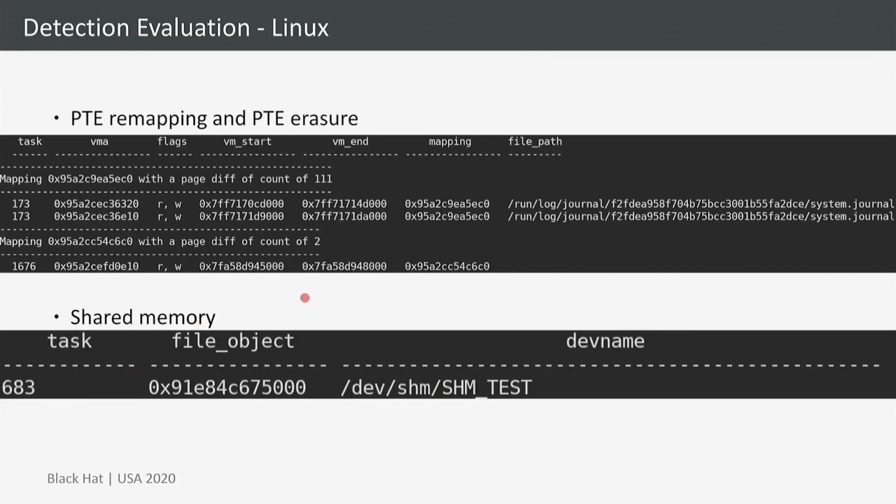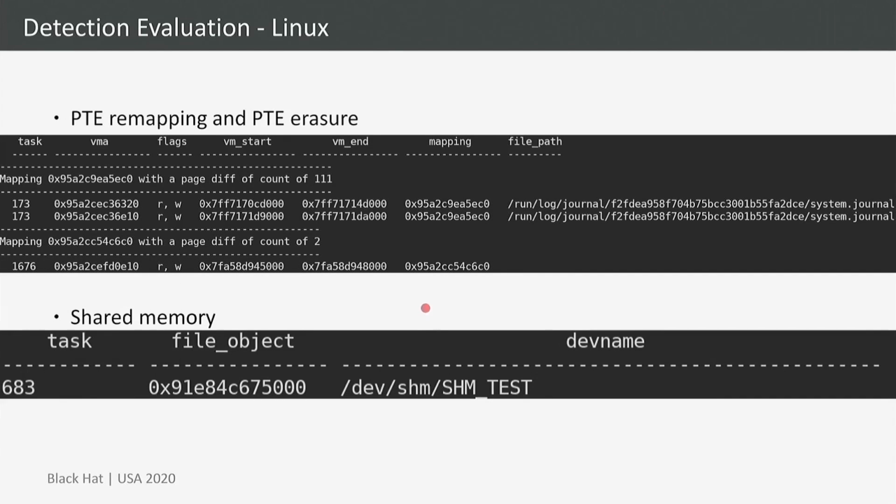Here are some examples for the evaluation on Linux. First, PTE remapping. Here we can see output, essentially 2 mappings that have been identified by our plugins. The first case is a false positive. In the systemd journal process, we have some mappings that are reported here, but it is not an attack. There's no subversion technique behind this. So in Linux, we have quite some false positives in some cases.